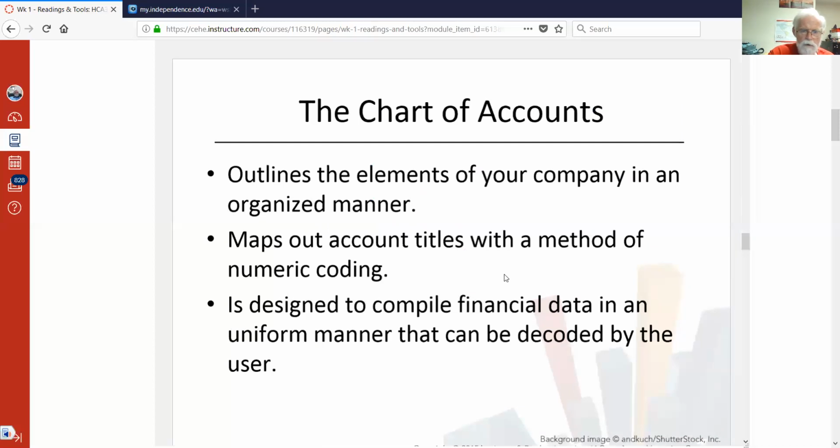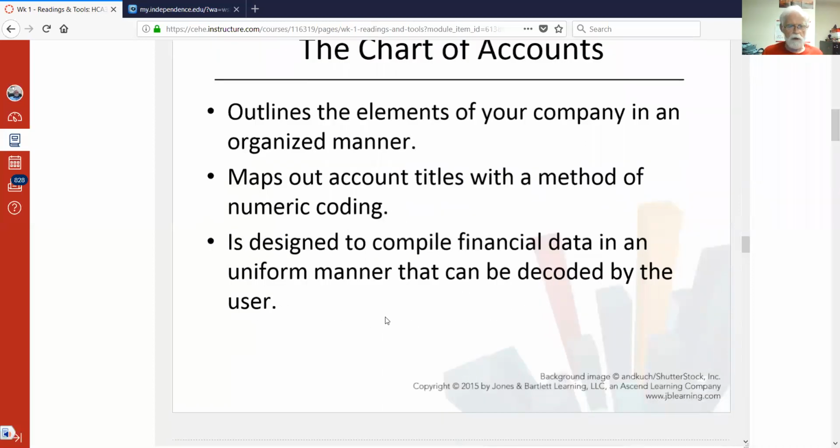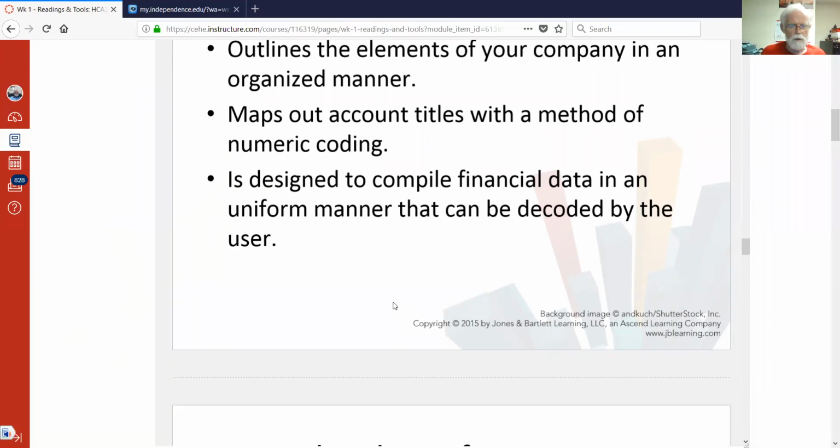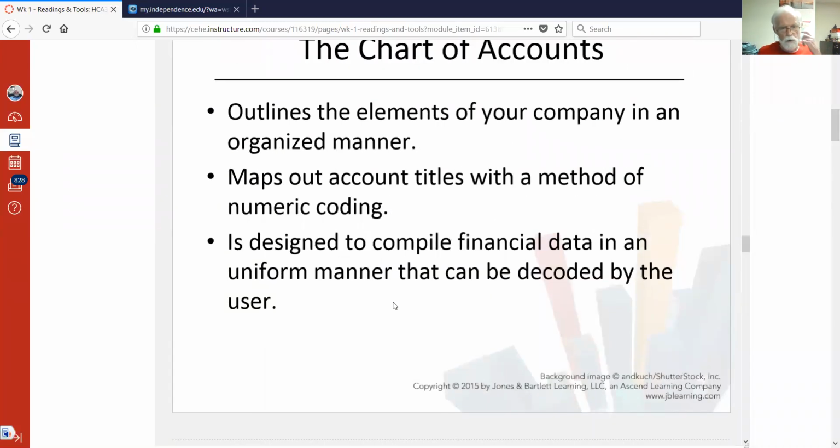The chart of accounts is an organizational structure. You know what the chart of accounts is from your multiple accounting classes that you've taken, and it really maps out our money so that we can see how the cash flows are functioning, how we're looking at the sources and uses of funds.